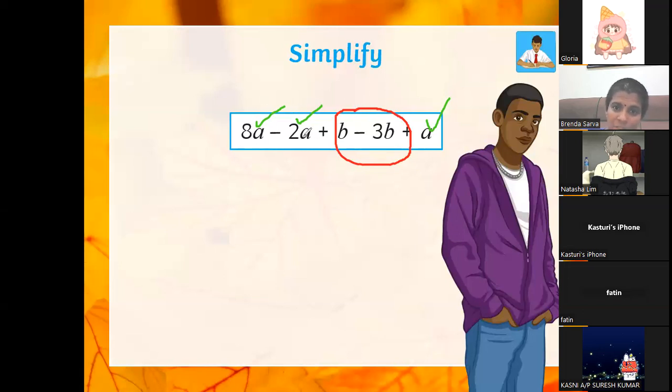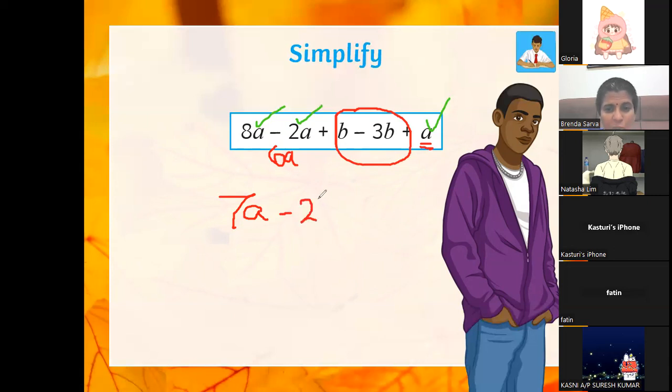So 8a minus 2a, that's going to give you 6a. Okay, and 6a plus a, don't forget, that will have you get 7a. Then you have positive 1b minus 3b. So it's 1 minus 3, so it's a negative 2.